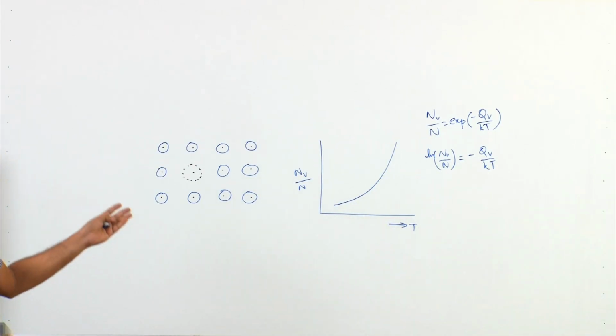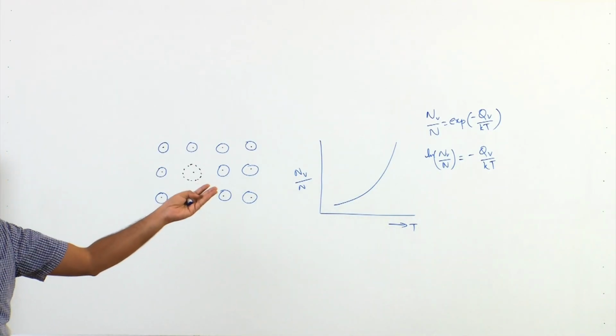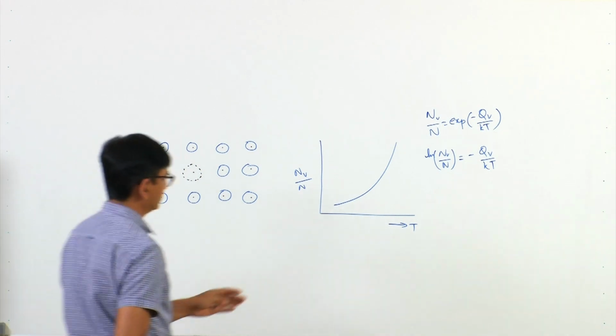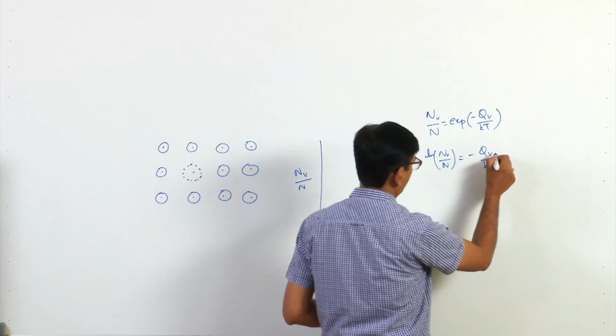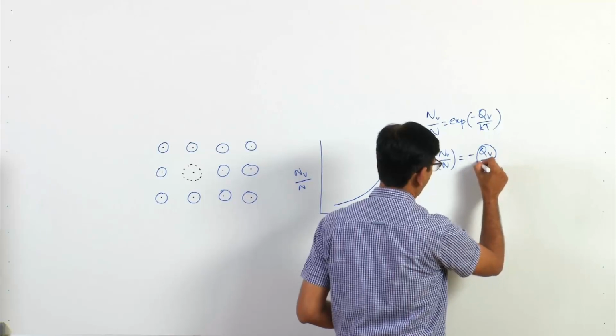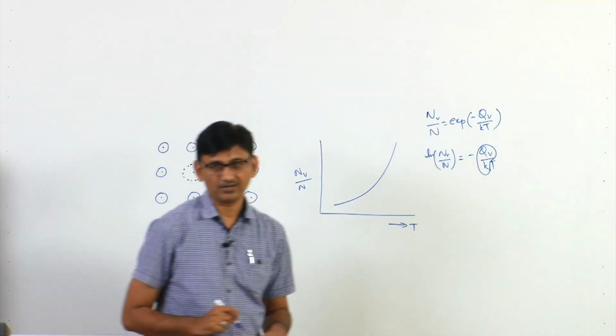So, it looks like the equation of a straight line, where this is y, this particular term is m, and 1/T is x.